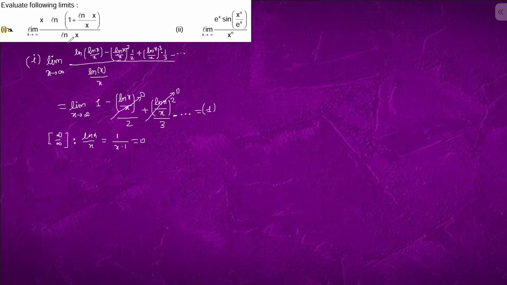If you apply the second approach, if we apply ln x / x and ln(1 + ln x / x), we will get x by ln x, which is 0. 0 into 0, which is 0.